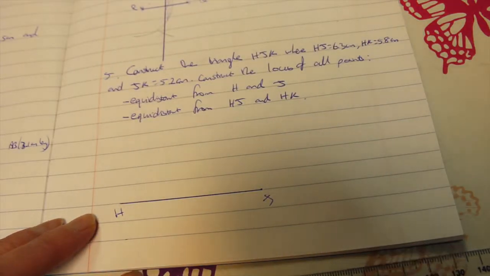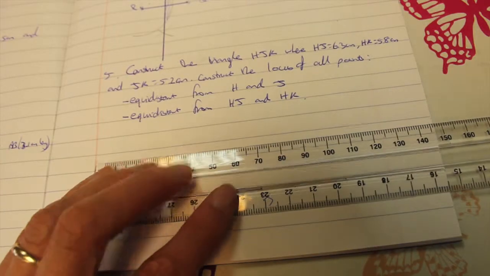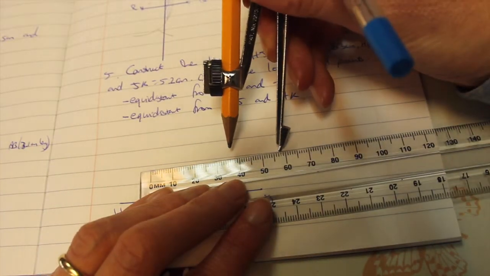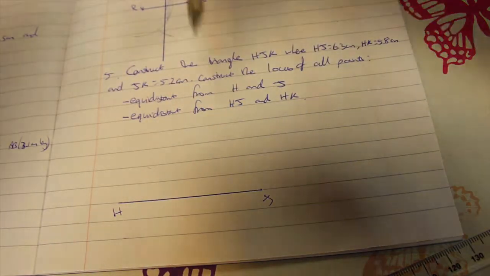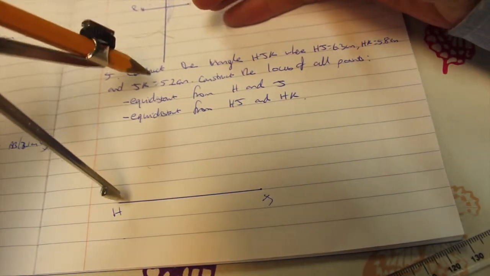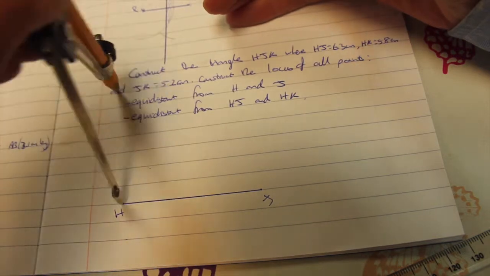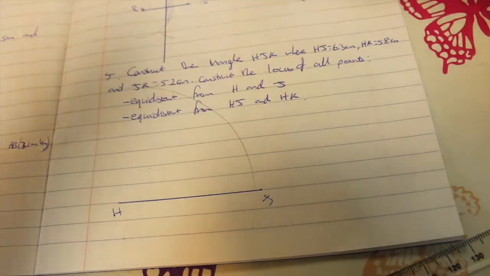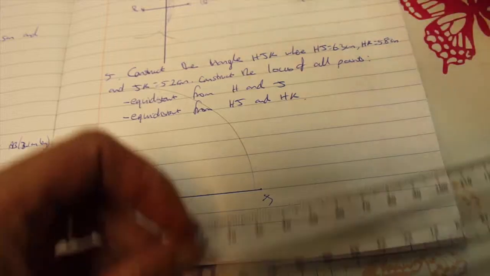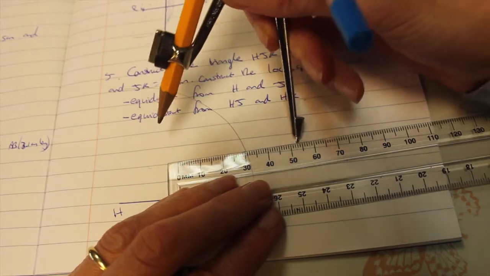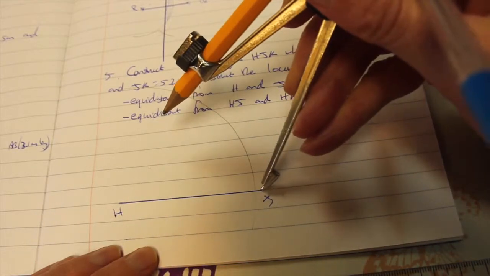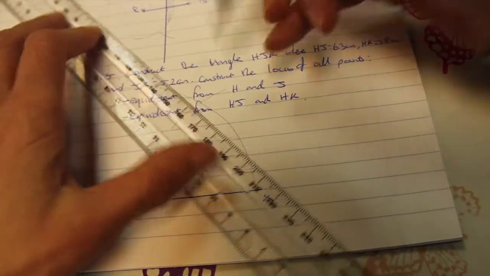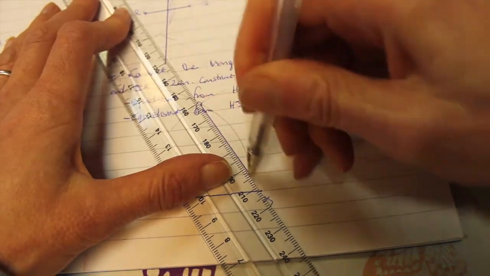H to K is 5.8, so I'll just use my compasses again. 5.8, and that was H. So go to H and put in 5.8. And then J to K is 5.2. So open them up to be 5.2. Go to J and mark it on. Now you join all that up. That's your triangle sorted out.